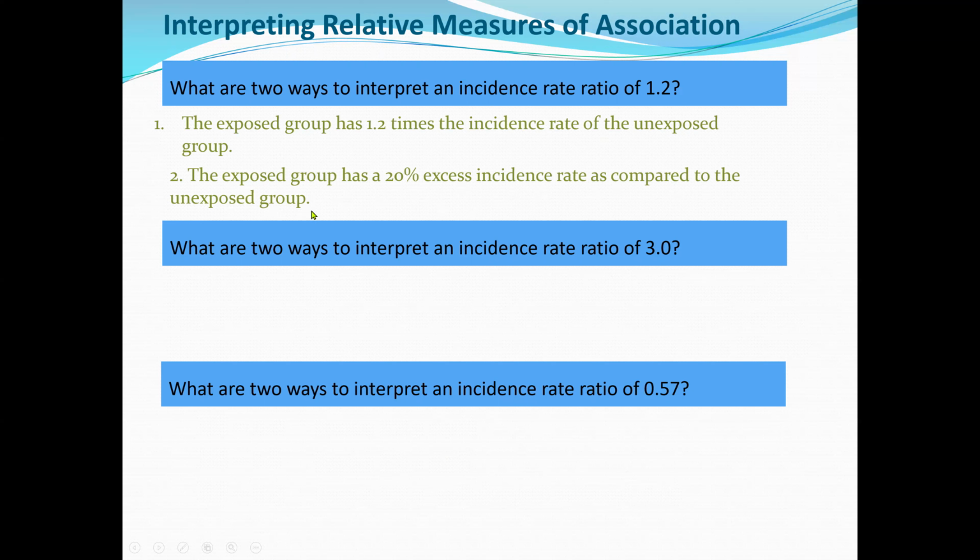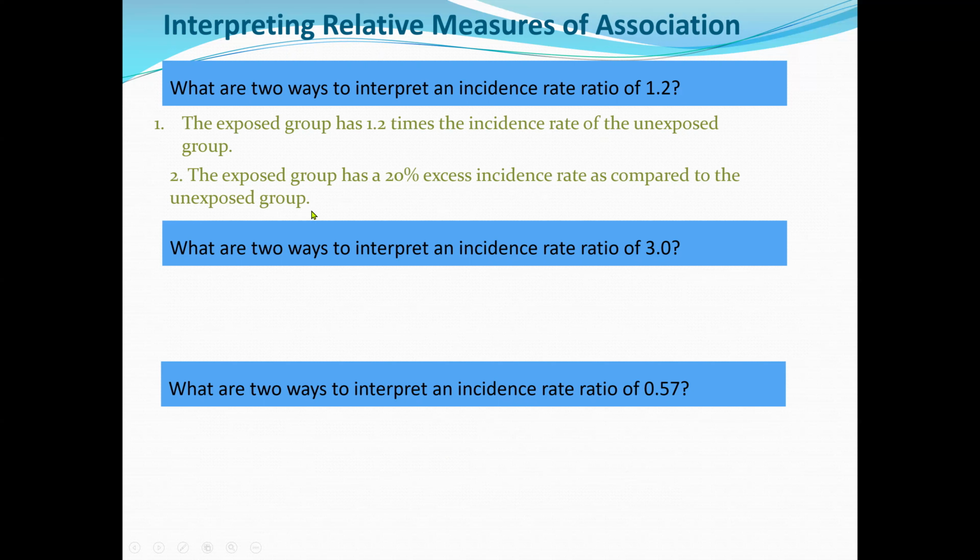And the next one, what are the two ways to interpret the incidence rate ratio? If it's 1, it means it's equal, more than 1, more. But this time we are going to get a negative, so this is trying to say reduce. The exposed group has 0.57 times, which means it goes down compared to the unexposed group.